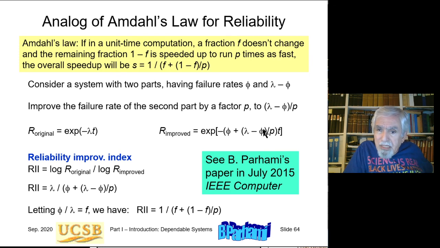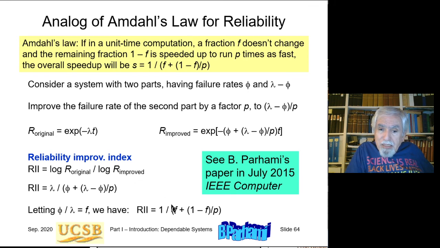And suppose you take this part and improve it, use better components, so that the failure rate is divided by a factor p. So the failure rate is divided by 2, for example. P can be 2. So you improve the failure rate for this part, but not for this part.